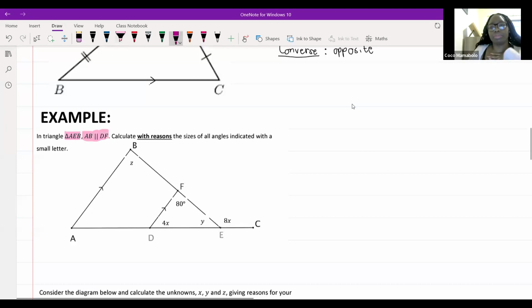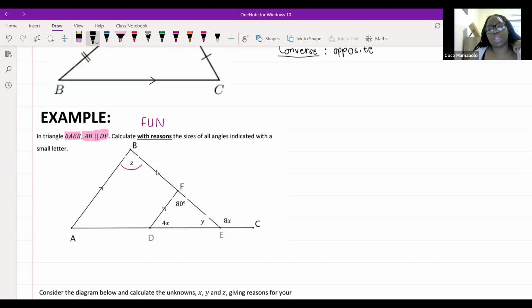Parallel lines, F, U, N angles. Yes, absolutely. So let's look for that F or that U or that N. What are we seeing? Z is equal to 80 degrees, corresponding angles, because of the F.